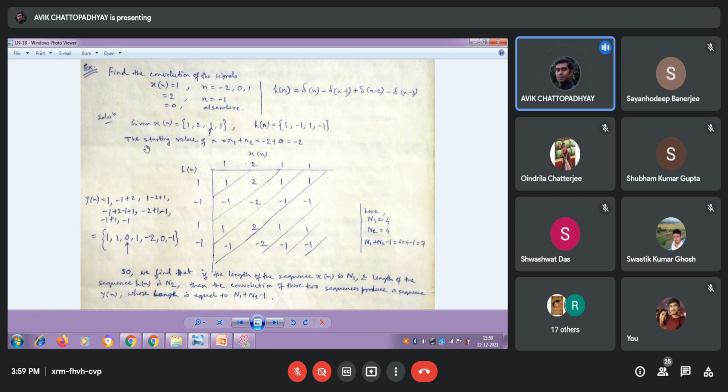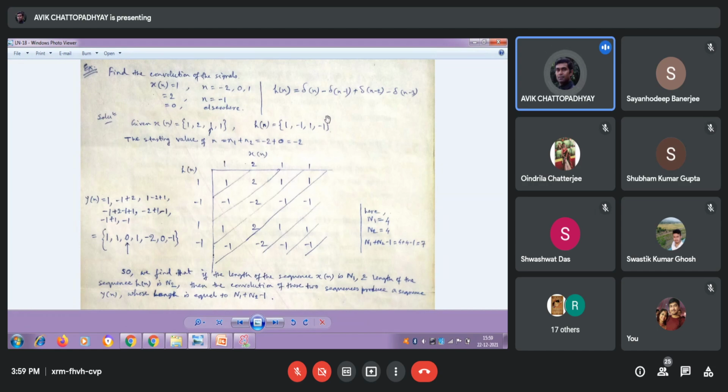Now, the starting value of n here means the starting value of the convolved signal. The convolved signal, if each is of length 4, will have length 4 plus 4 minus 1, that is 7. We know that already before doing the convolution. But what would be the starting value? From where should it start?